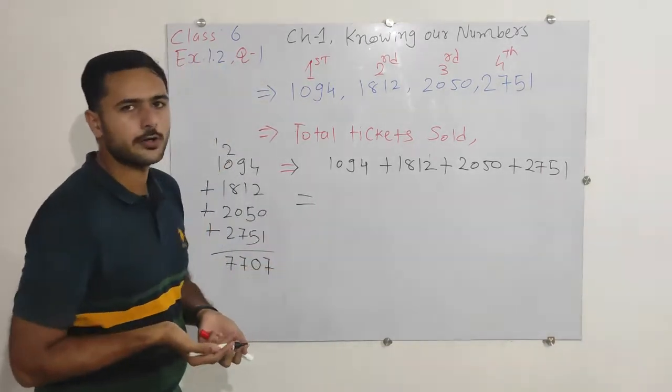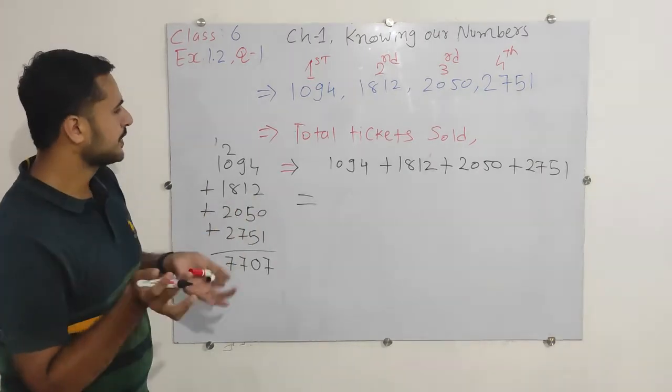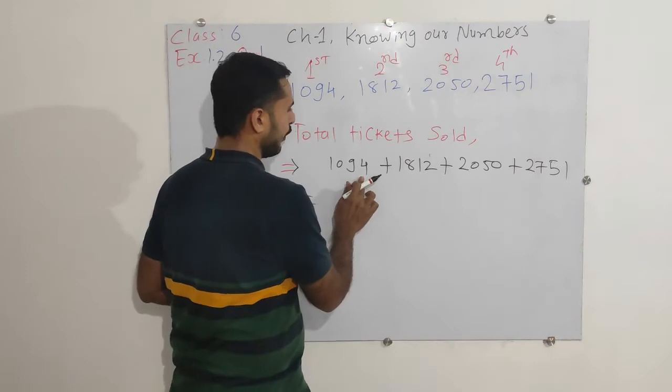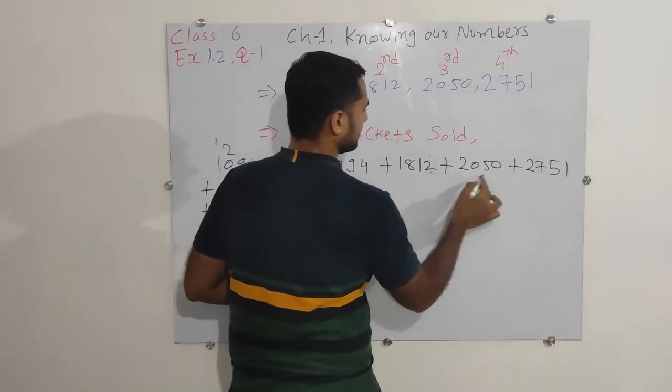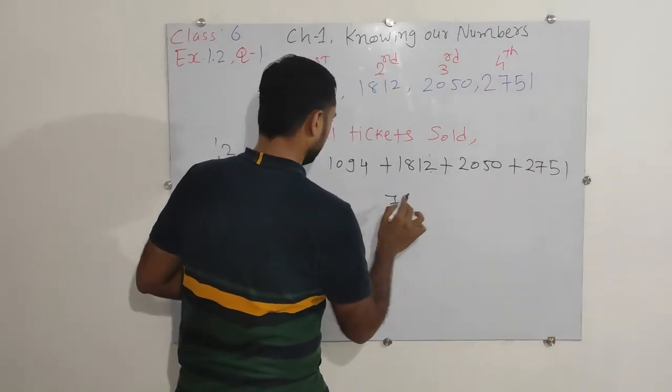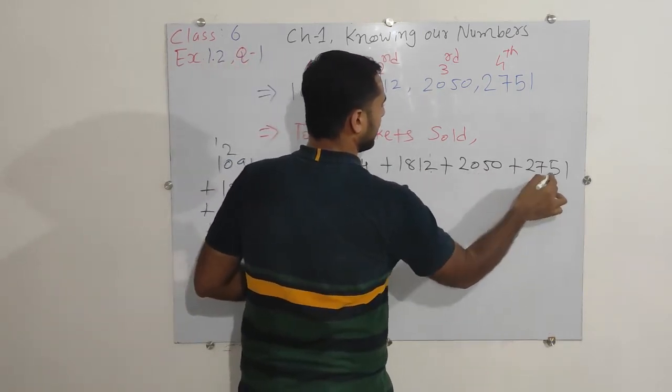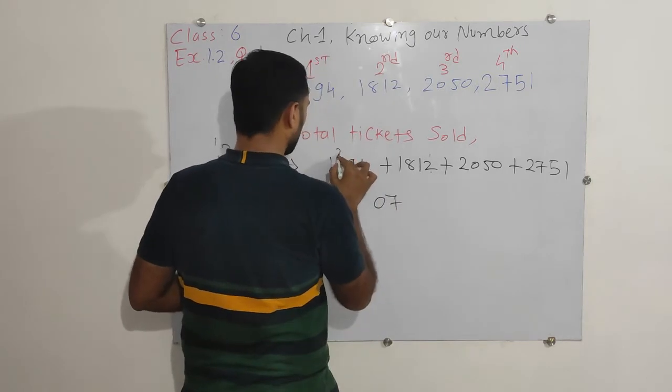The same thing I am going to do, but visually both are different. The process is almost the same. Here 4 and 2, 6, 6 and 1, 7. So 7 here. Now 9, 9 and 1, 10, 10 and 5, 15 and 5, 20. So 0 here and 2 carry.